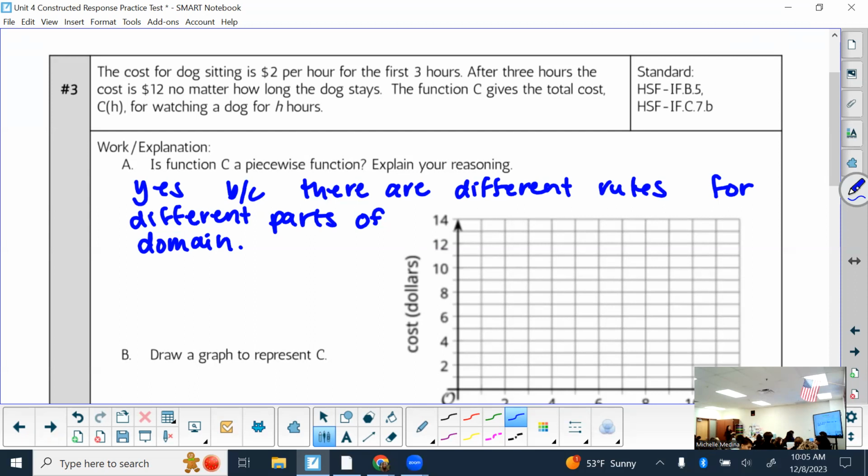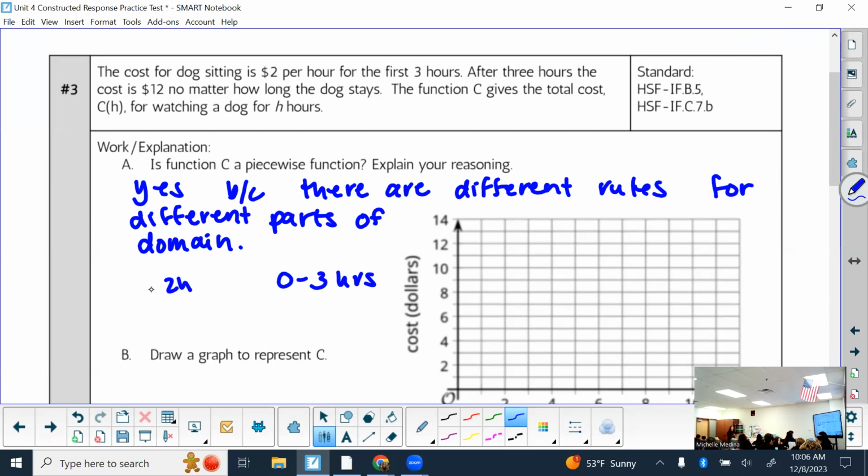So if you summarize the rules, for the first 3 hours, how much are they charging? For 3 hours exactly, like for 1 hour, $2, or 2 hours, 3 hours. What's the rate? $2 an hour. So this expression can be used for the first 3 hours.